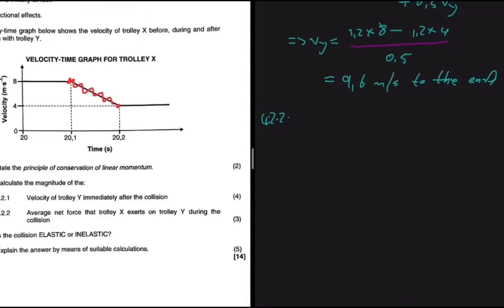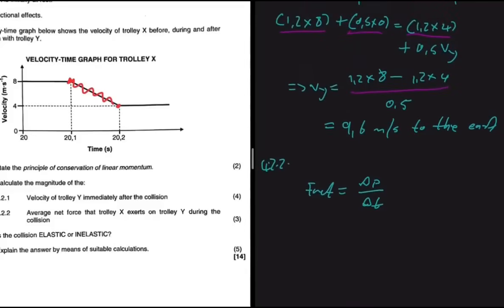So if we use trolley X, right? We're going to say F net is equal to delta p divided by delta t. Let me explain why I'm using trolley X instead of trolley Y. The velocity of trolley Y, we calculated it ourselves, right? So what if that velocity is wrong and then we use it again, right? There's a good chance that that answer will also be wrong, assuming that there's no positive marking.